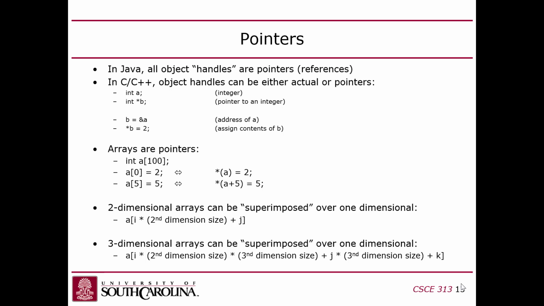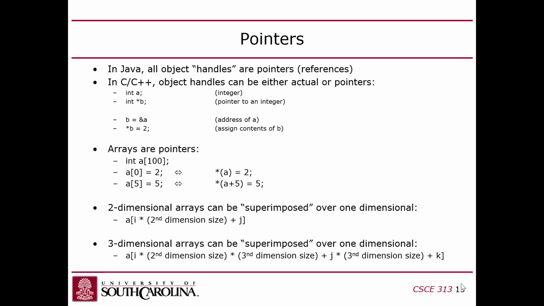C works the same way. The star is a dereferencing operation, meaning that if you put a star in front of something, you're saying, I want to access the contents of this pointer, of this address. And if you put an ampersand in front of a variable, that references it, meaning it takes the address of that variable.